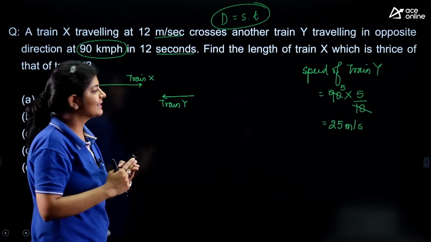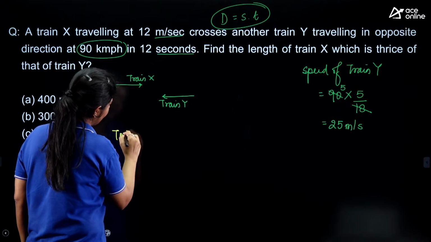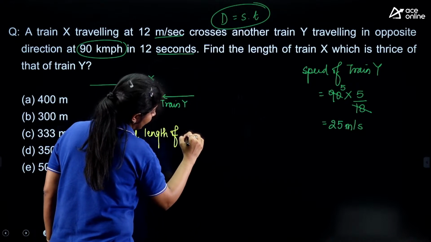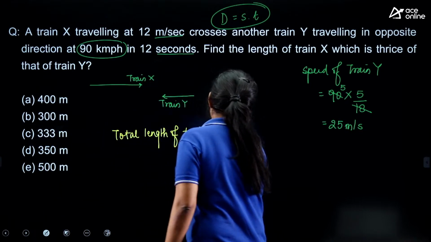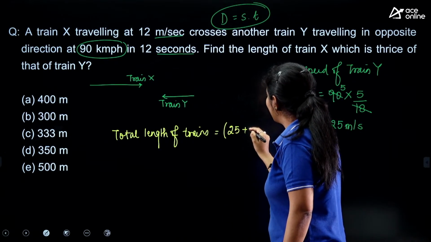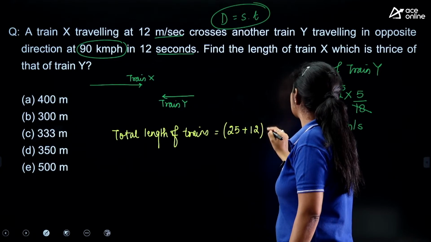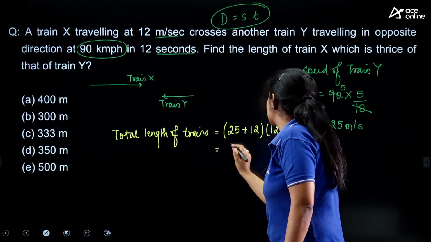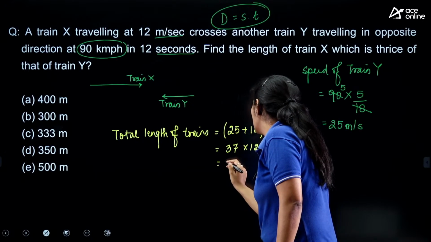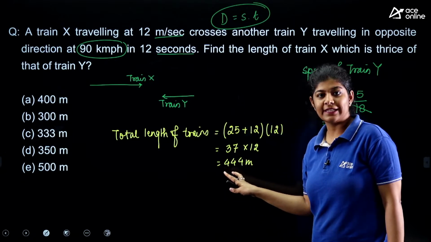So the total length of the trains is the relative speed, 25 plus 12, multiplied by the time, 12 seconds. This is 37 multiplied by 12, and we got 444. This is the total length of both the trains.